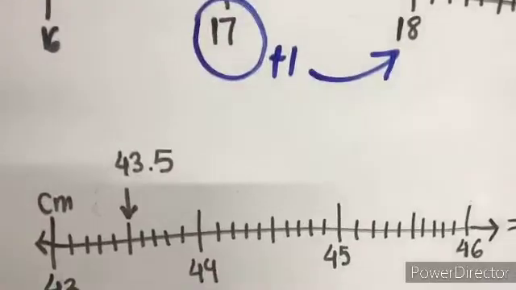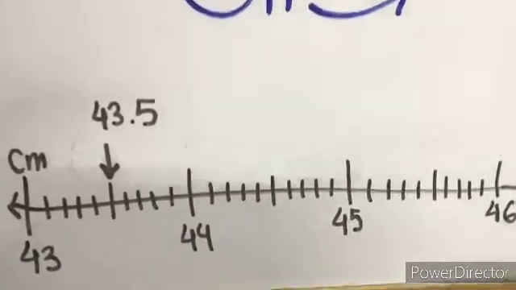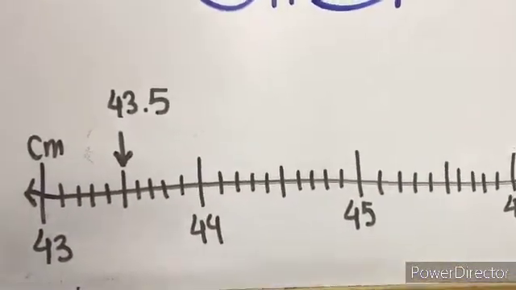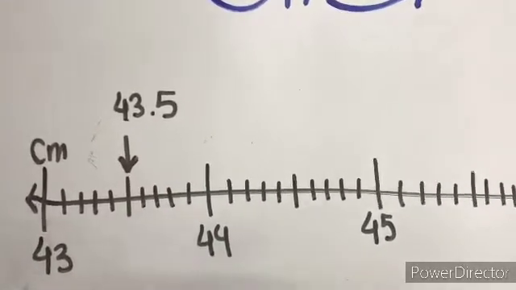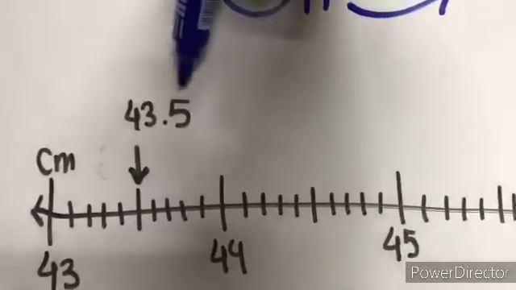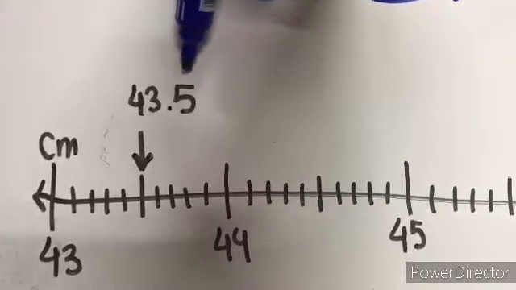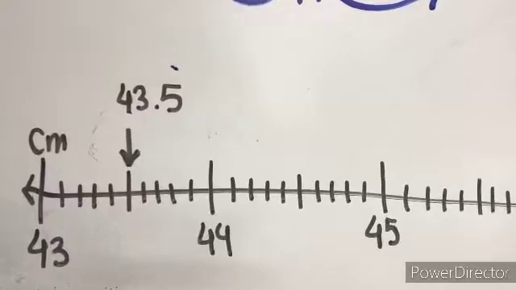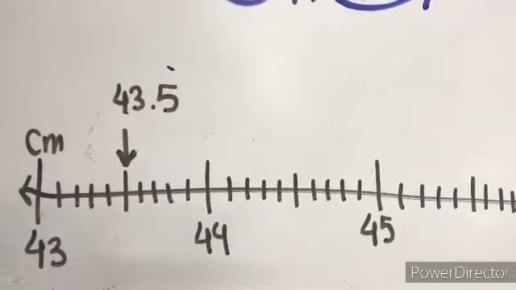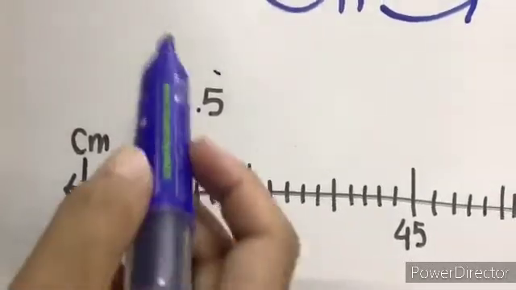Now you have another one, that is 43.5. Again we will see the digit after the decimal point. This is 5. If it is 5 or greater than 5, then we will add 1 to the whole number. What is the whole number here?